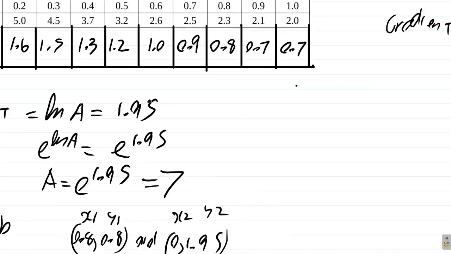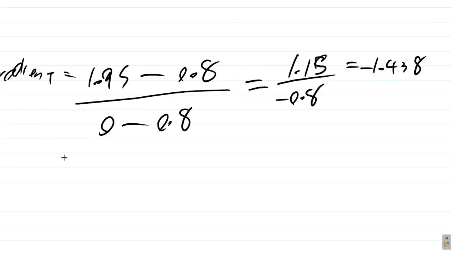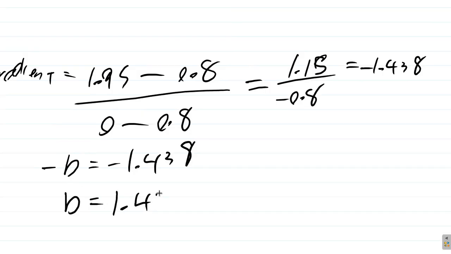So that's negative b. So if negative b is equal to negative 1.438, then positive b is equal to positive 1.438.